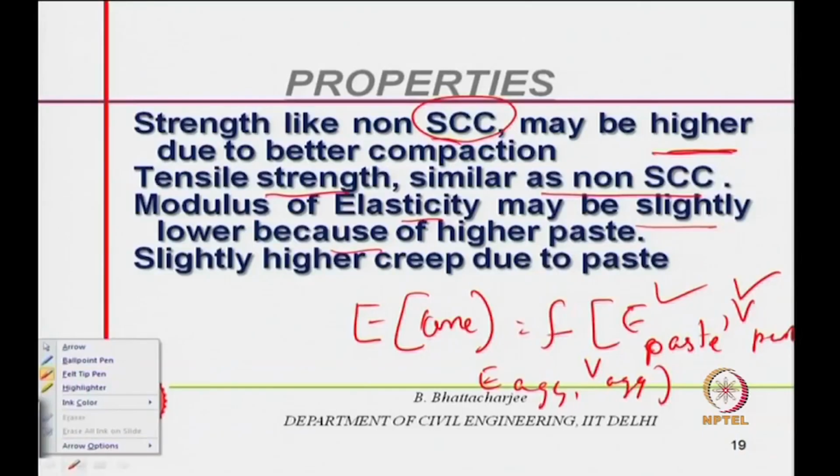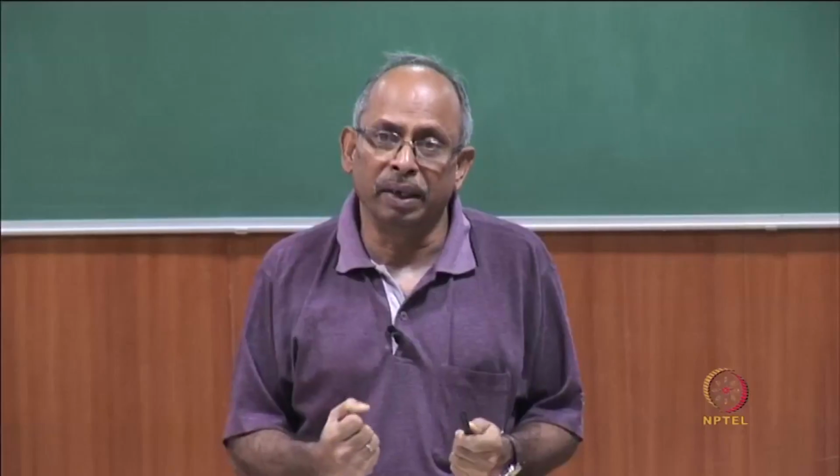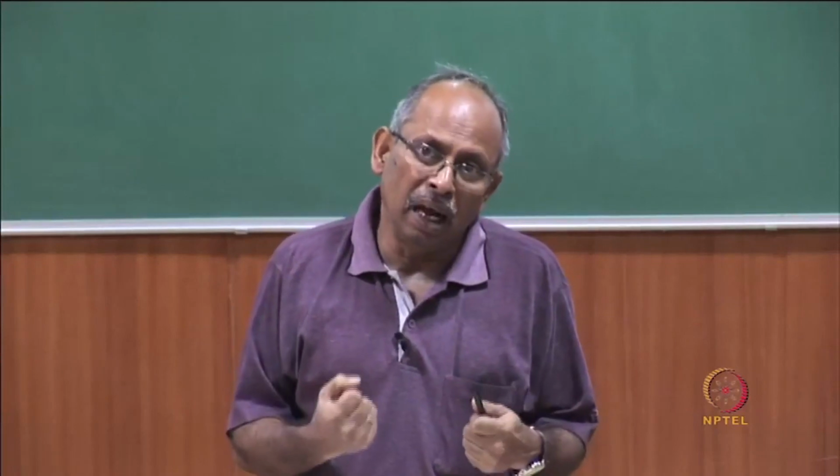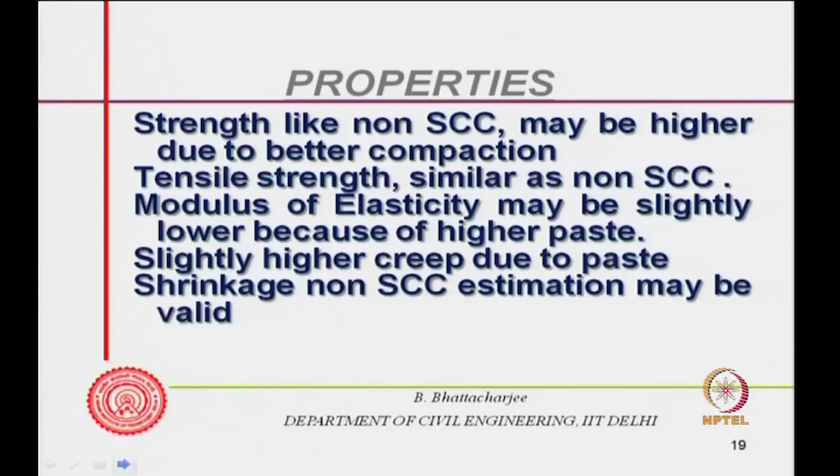It might have slightly higher creep due to paste, because paste is responsible for creep, shrinkage, etc. So, it could be slightly higher because of the paste requirement. Shrinkage may be a similar situation. Drying shrinkage, if it dries out, and chemical, autogenous and all those shrinkages may be similar to the non self compacting concrete.